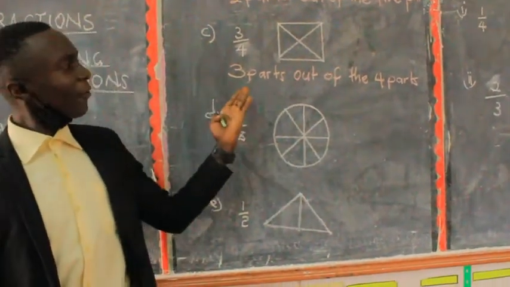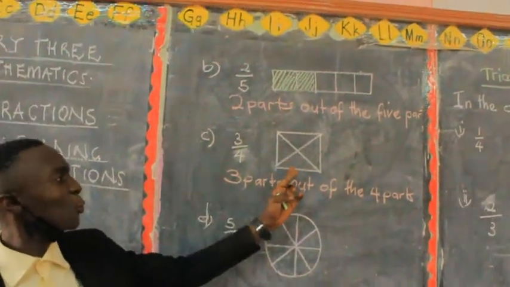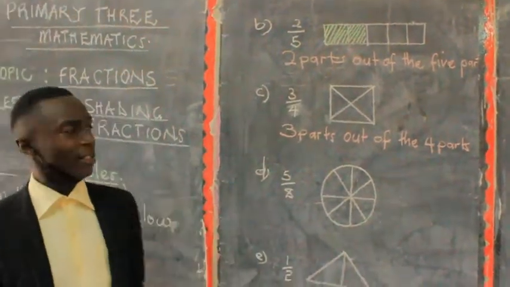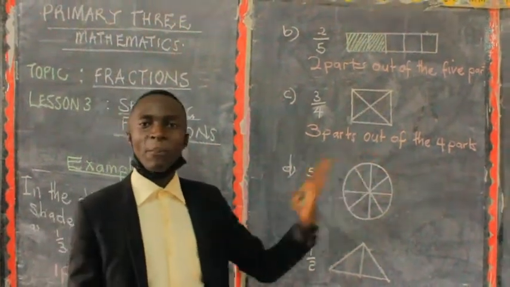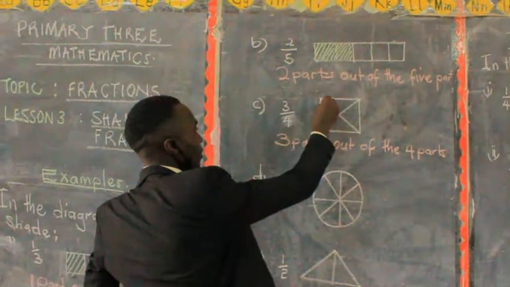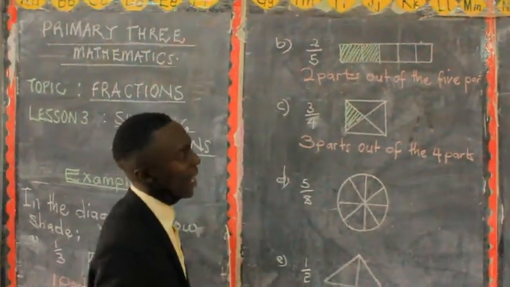Remember, before shading, you first count how many parts there are. Let's count 1, 2, 3, 4. They are 4 parts. So here we are going to shade 3 parts out of the 4 parts. Let's shade. That's our 1 part.